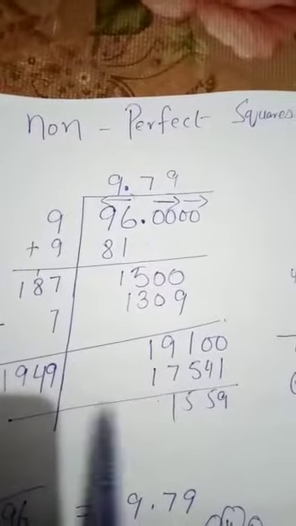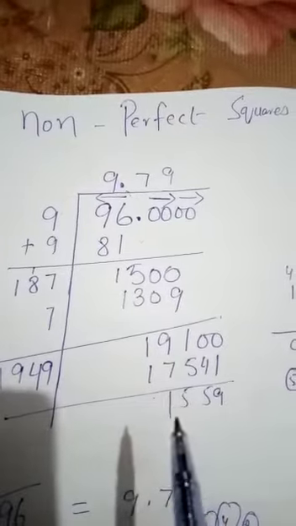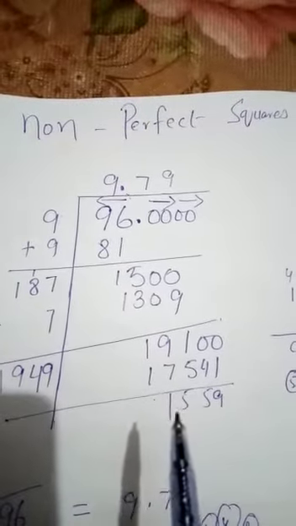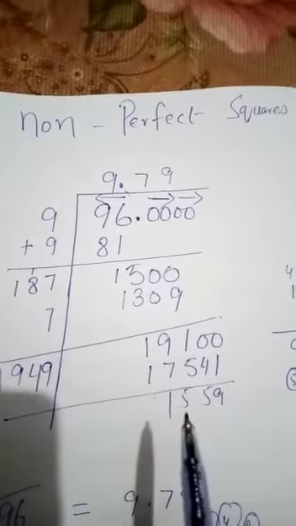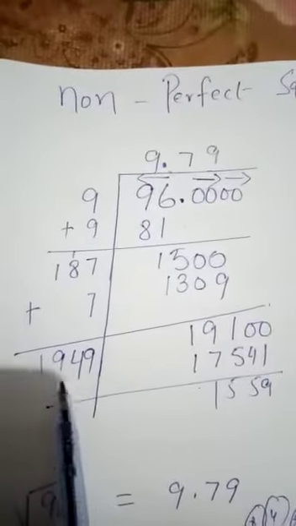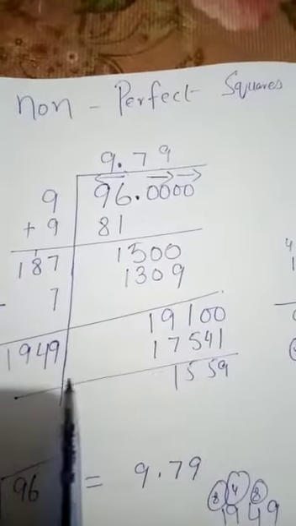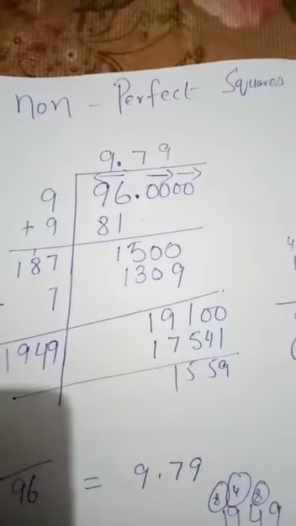Now put double zero after 191, which made it 19,100. Since 2 multiplied by 7 is equal to 14, the 1 must be carried. Thus, the number at the left is 194.